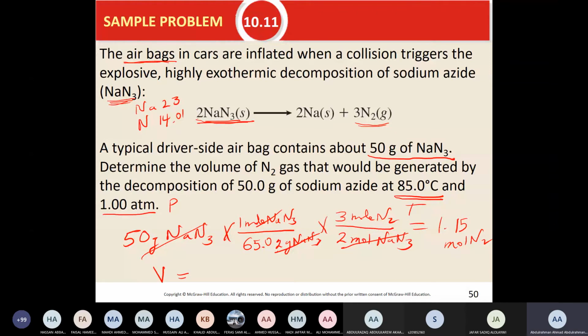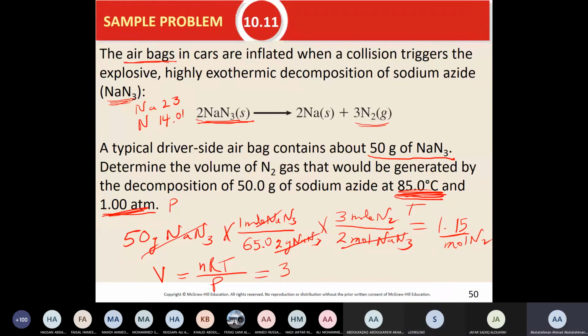I have the number of moles, I have temperature, and I have the pressure. What should I use? nRT over P. Give me an answer quickly. Come on. 33.9.